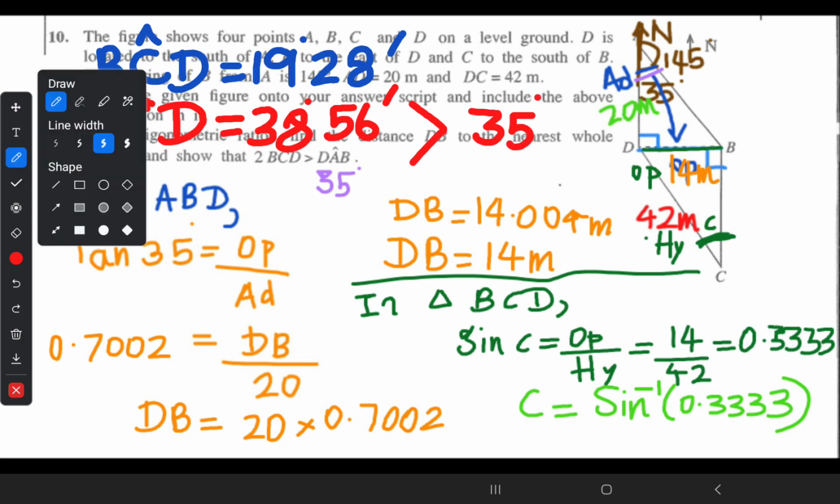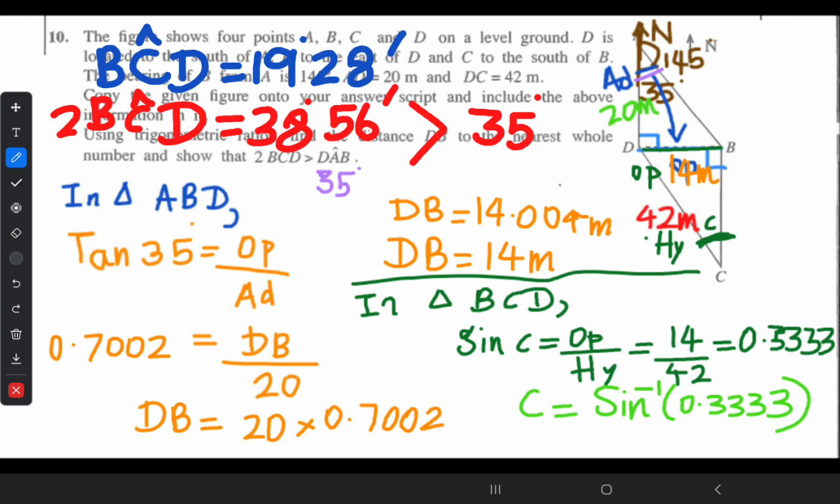The question is easy. I'll recall it from the beginning. First, the bearing is given as 145, and by using that I found this angle as 35. With an angle and a side, using the tan relationship, I found the intermediate length BD as 14 meters to the nearest whole number. In the below triangle we have 14 and 42, the opposite and the hypotenuse, so the relationship to use is sine.